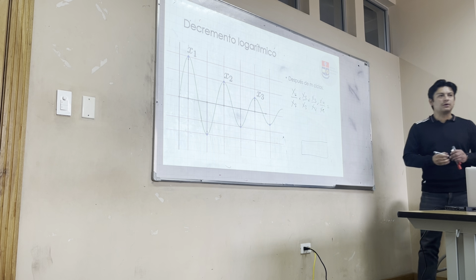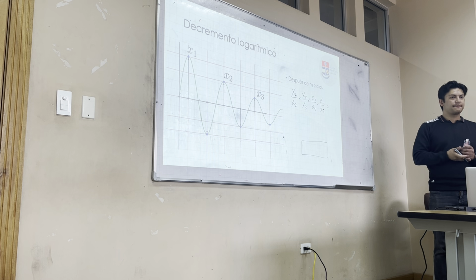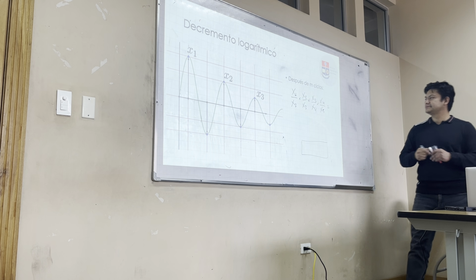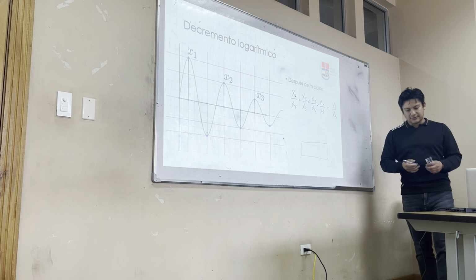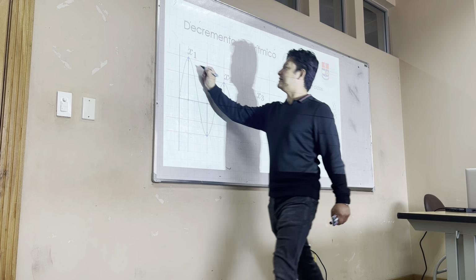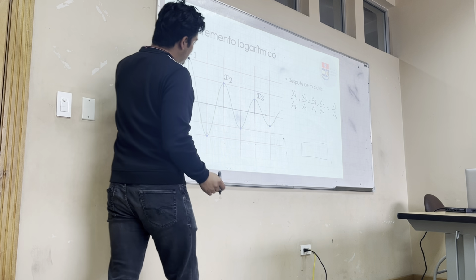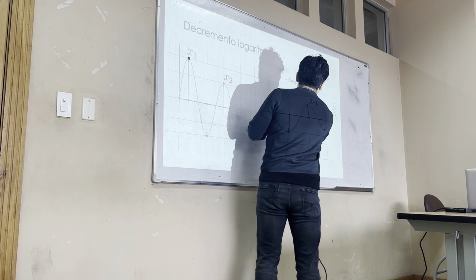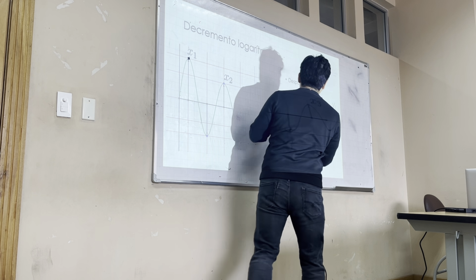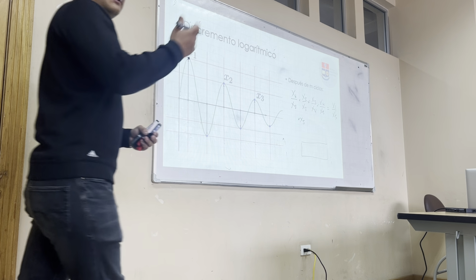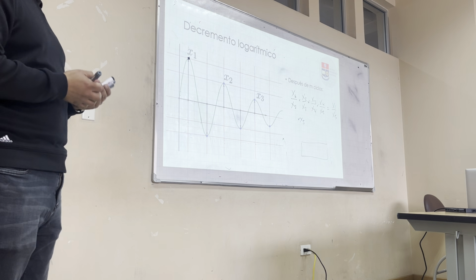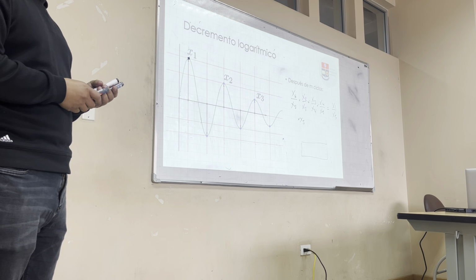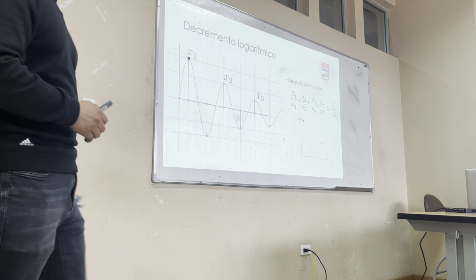This is equal to what? x1 over x5, right? For example, if I have data here, and I eventually have some information here up to x5, there might be a way to calculate the logarithmic decrement with this information. How do we do that?